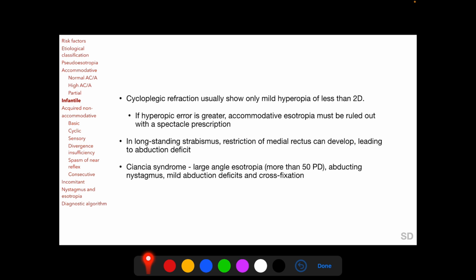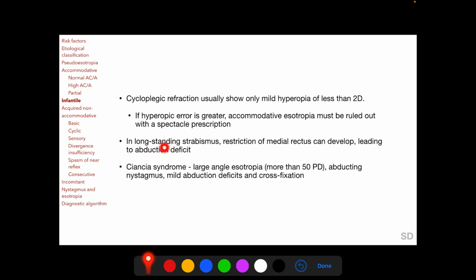In infantile esotropia, refractive errors are usually in the normal range, but if a larger hyperopic refractive error is detected, accommodative esotropia has to be ruled out by excluding a decrease in the magnitude of esodeviation with spectacle correction.